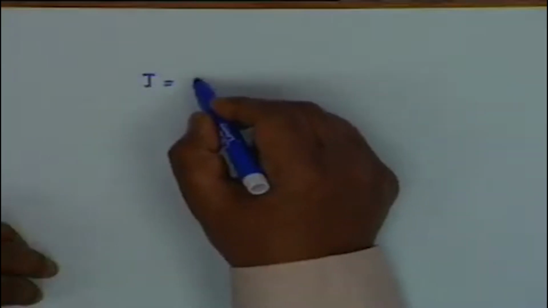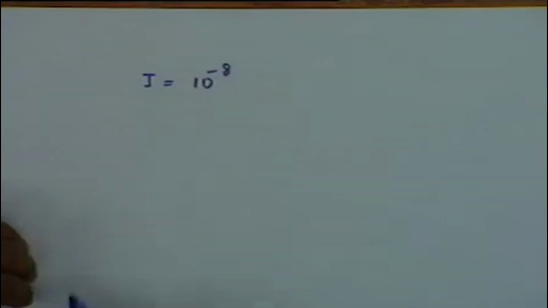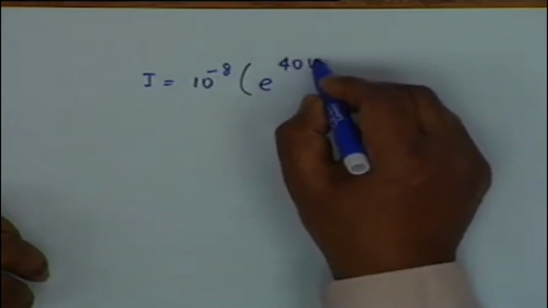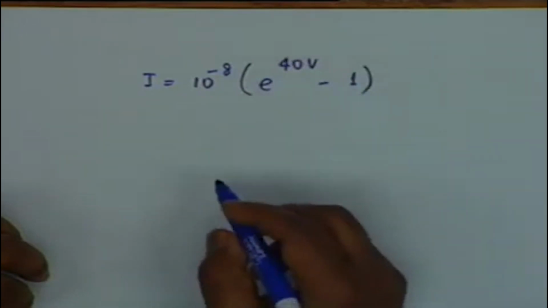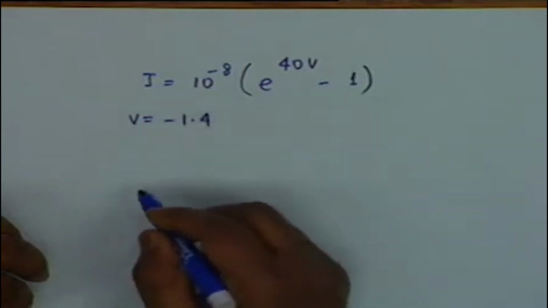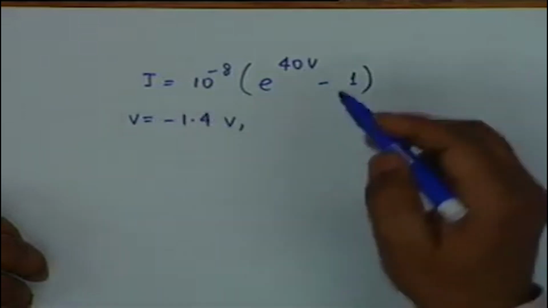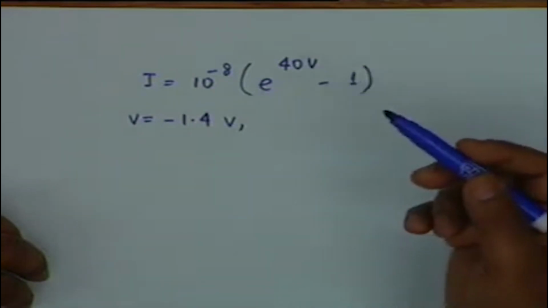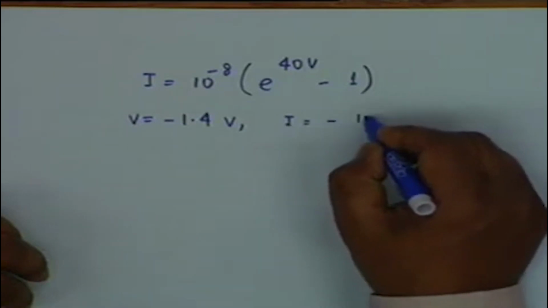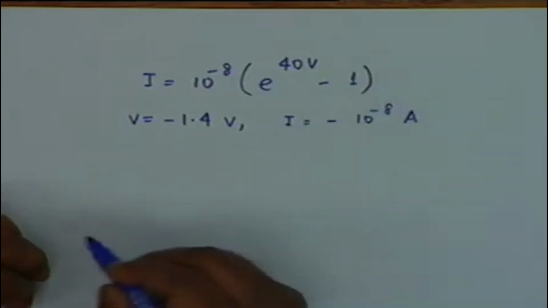I equal to 10 to the minus 8, since 0.01 microampere is 10 to the minus 8, times e to the power 40 V minus 1. You have been asked to find out the current at V equal to minus 1.4. Obviously e to the 40 V can be ignored, and I would be equal to minus 10 to the minus 8 amperes.